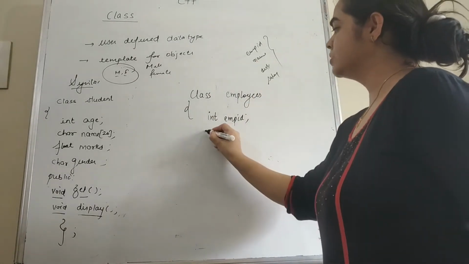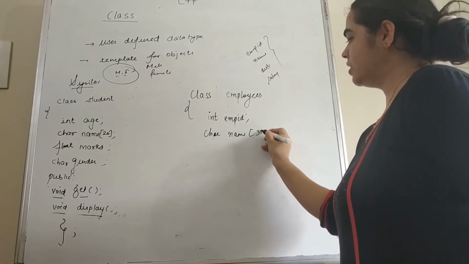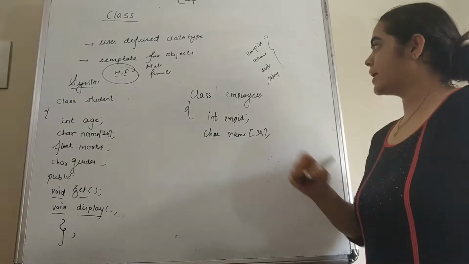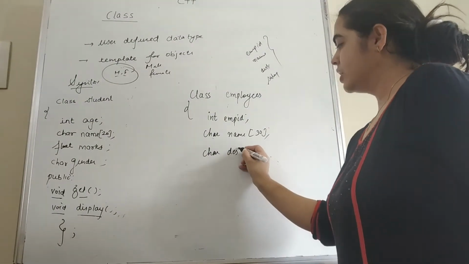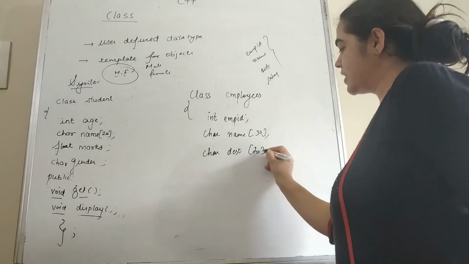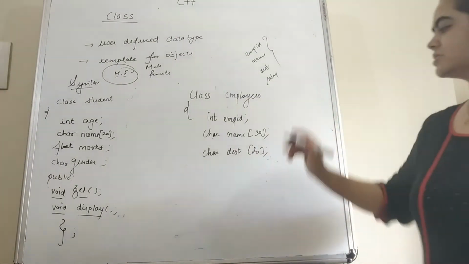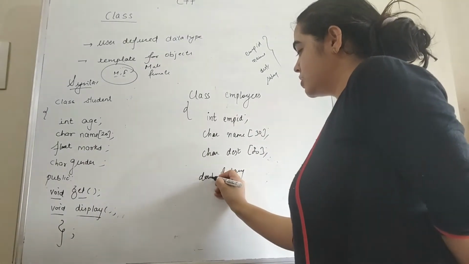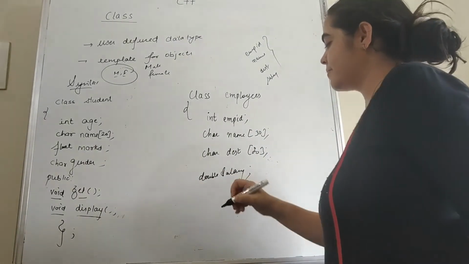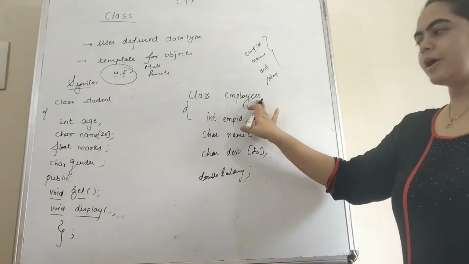After this name, so for name we can write char name, and in brackets we can define the size of the array. After this we have the designation. Again the designation is of character type, so we can write here designation with the character array. After this we have a salary, so salary is double, so double salary and semicolon. So these are the data members that belong to this employee class.